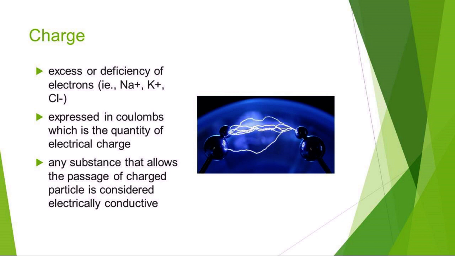We talked about electrolyte and fluid balance in pathophysiology last quarter, and that's why it's important, because those are our charge-carrying ions. Charge is expressed in coulombs, which is the quantity of electrical charge. We don't really need to know that for electrical stim, but just FYI. Any substance that allows the passage of charged particles is considered electrically conductive.